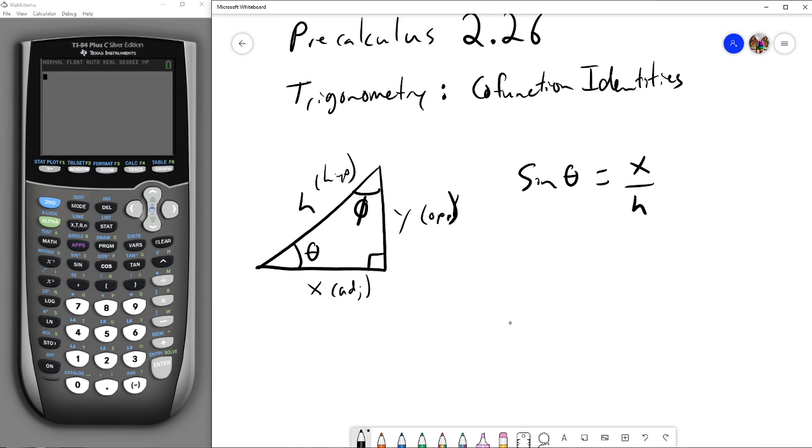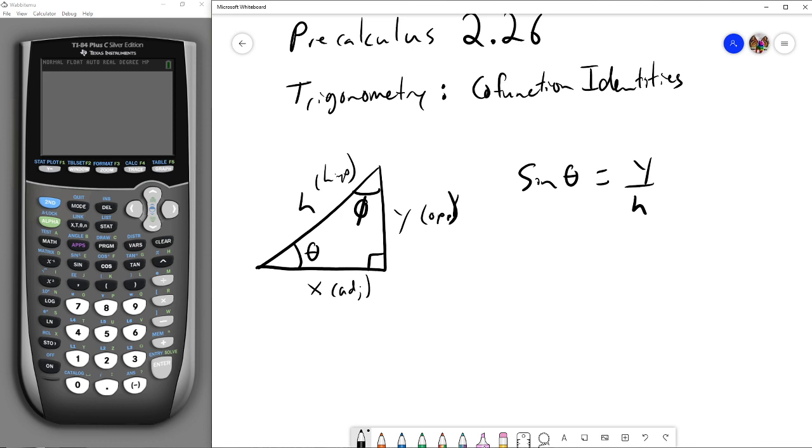So if we think about now this angle theta, right? Oh, what did I say? X over h? That's silly. Y over h. There we go. Y over h. I like that better.